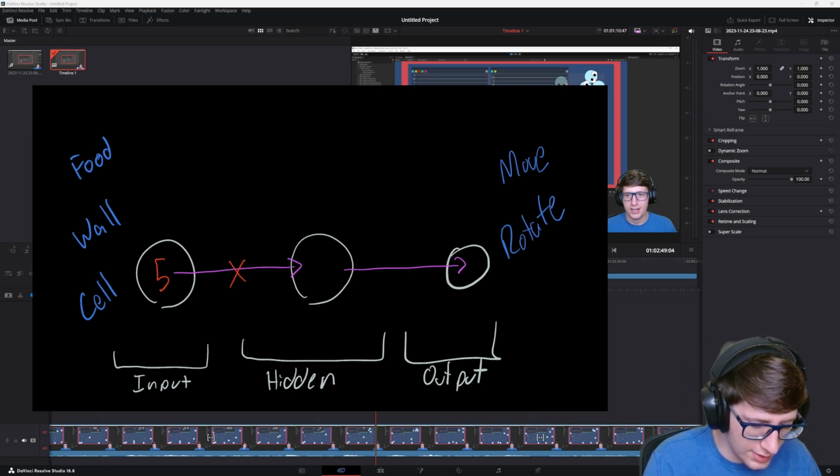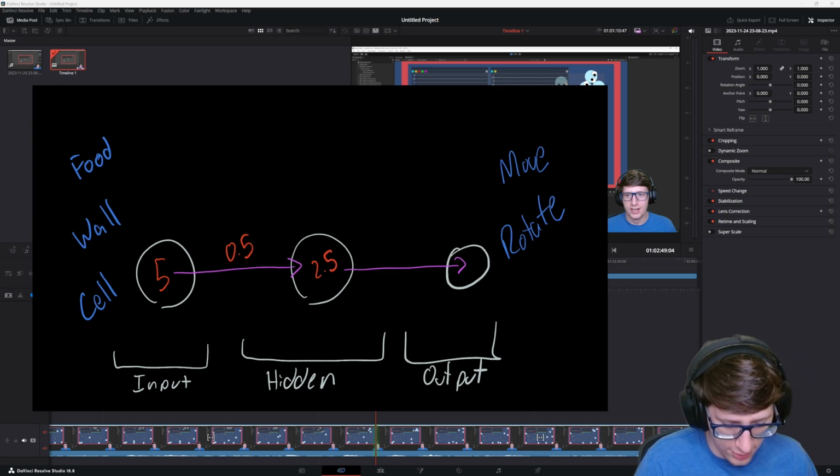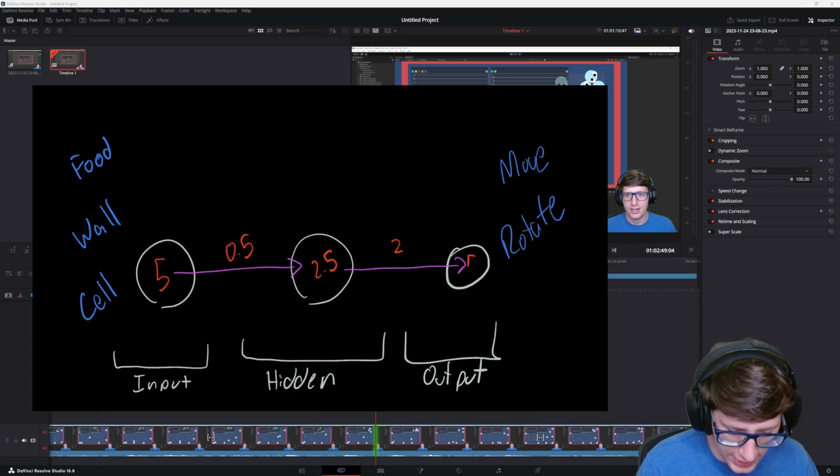But if it does make it through and activate the next neuron, then this one, that maybe there's a weight of 0.5, so now there's a 2.5 in here, and now maybe this one has a weight of 2, so now it's back to 5 in the output.